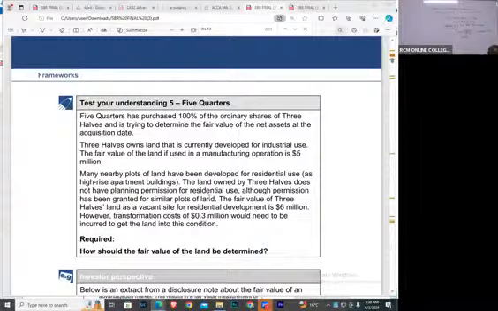So you have to look at what is the best usage for this land. Should we put up a manufacturing operation and get 5 million, or should we put up a residential property and get 5.7? Putting up a residential property getting 5.7 is higher. So the best use here is 5.7. I would rather develop this as residential and get 5.7. So it means the higher of the two is the best use.